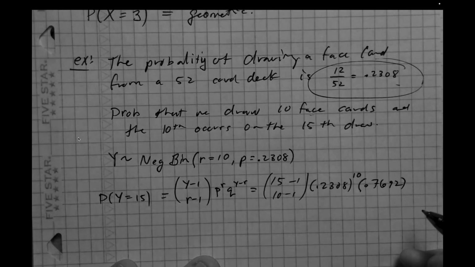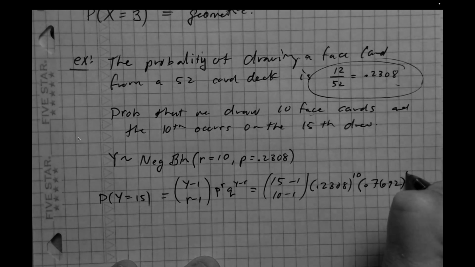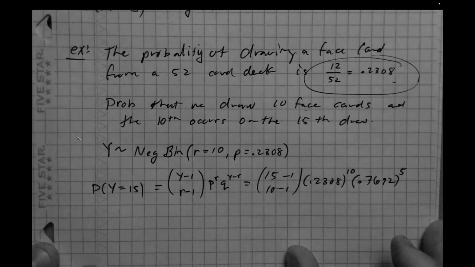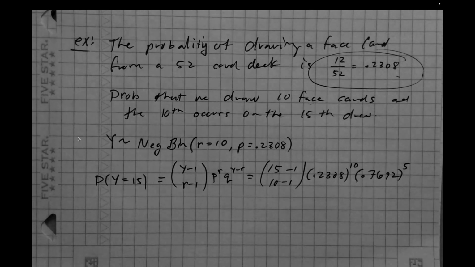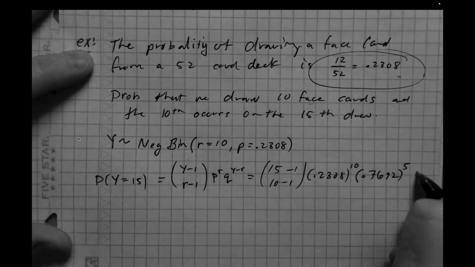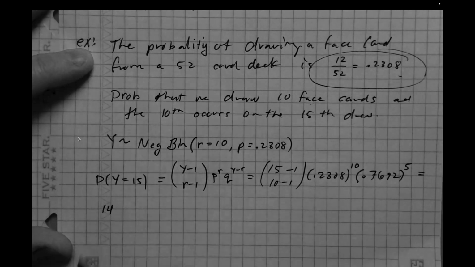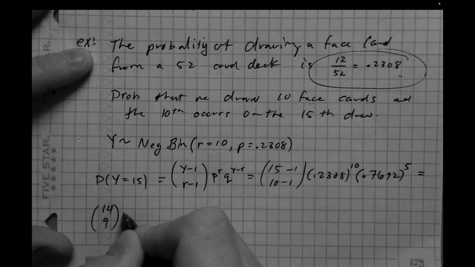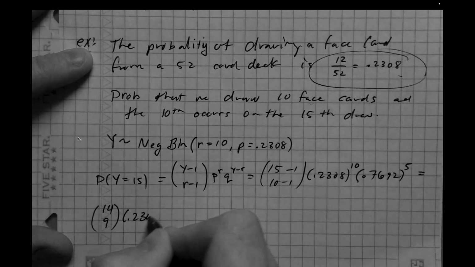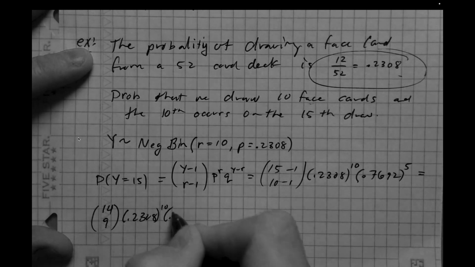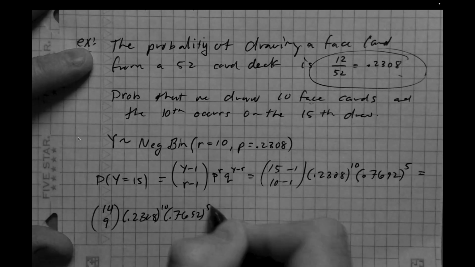And that's going to be to the y minus r power, which is 5. In this case, 15 minus 10 is 5. Okay, and you can work this problem out, and we get 14 choose 9, and then 0.2308 to the 10th power times 0.7692 to the 5th power.